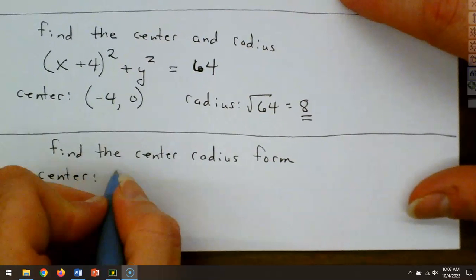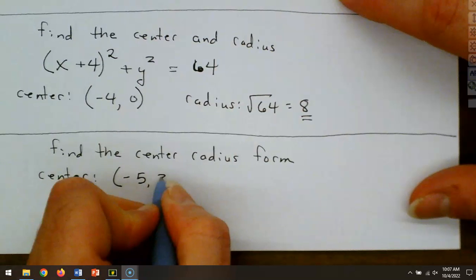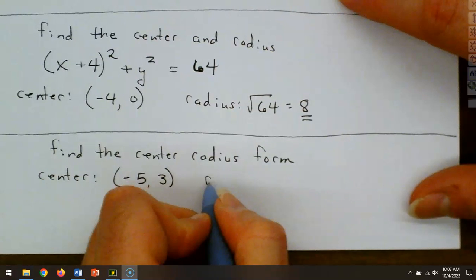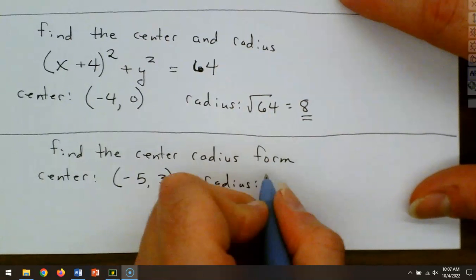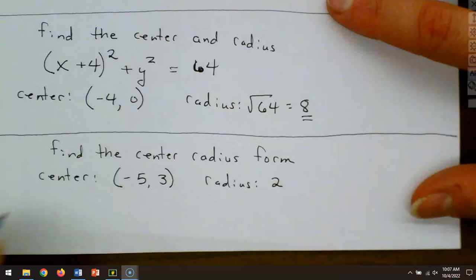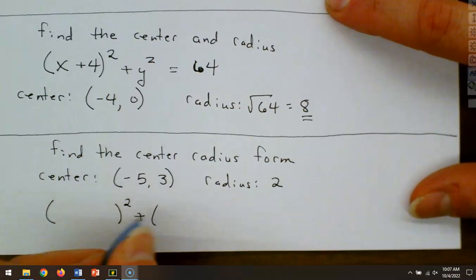So let's say our center is at -5, 3, and your radius is 2. What would this look like in your center radius form? So we're just working backwards.